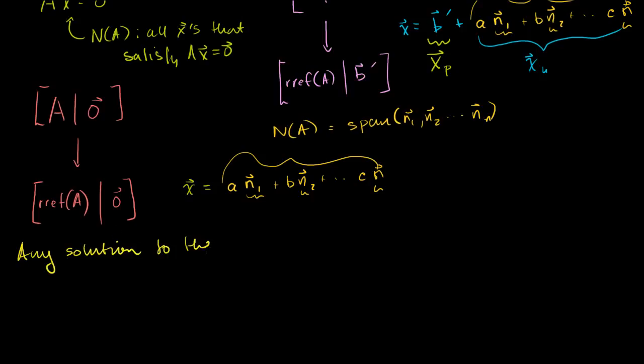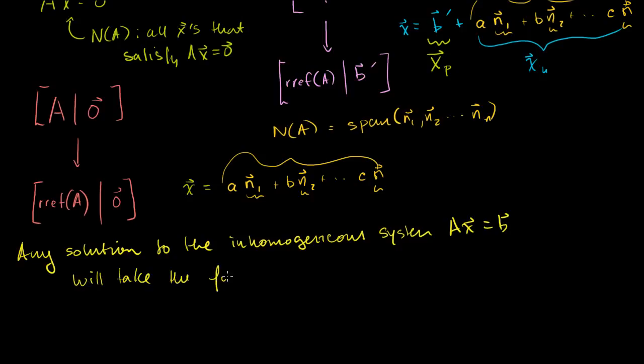Any solution to the inhomogeneous system AX is equal to B. This is a claim I made. It will take the form of some particular solution, that was this right here.